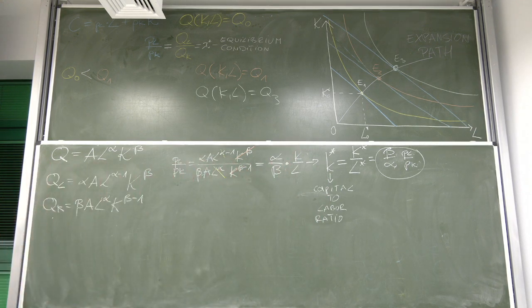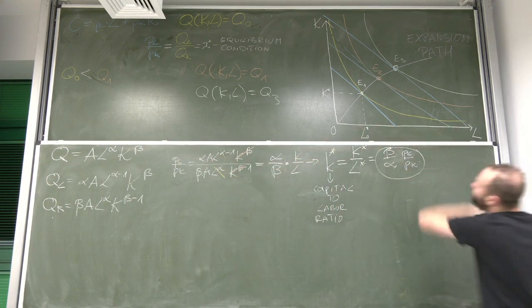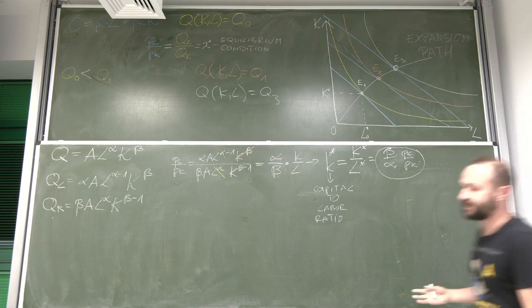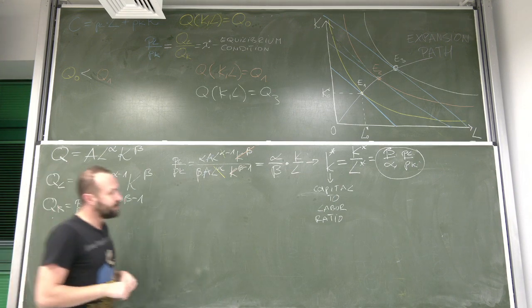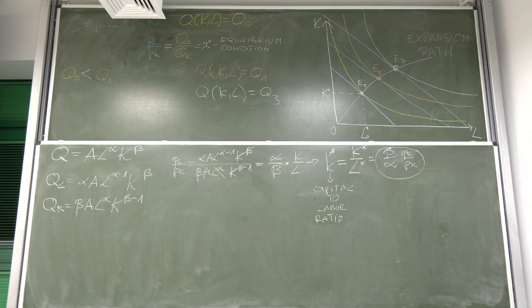So within the combination that guarantees us minimum cost, it's always going to be the same. So it's going to form a straight line. And this is the amazing result that we are getting from Cobb Douglas production function. In case of Cobb Douglas production function, capital to labor ratio remains constant. And as a result, we will get expansion path that looks like a straight line.